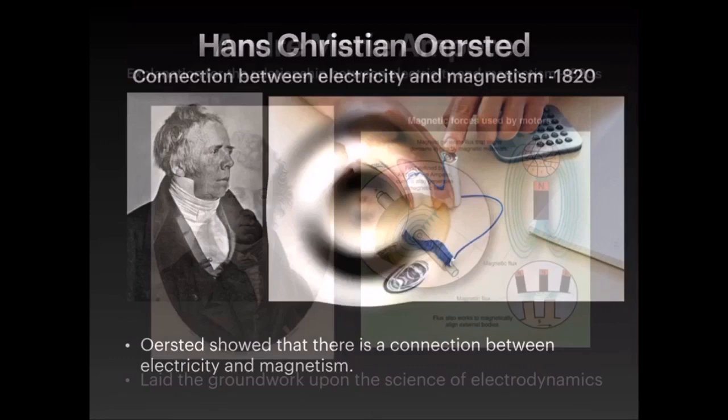Even though Ørsted did an experiment, he couldn't explain the theory behind electricity and magnetism. His contribution laid the groundwork upon which the science of electrodynamics, a term coined by Ampere, but now more commonly referred to as electromagnetism, was built. At that time, Ampere called it electrodynamics.